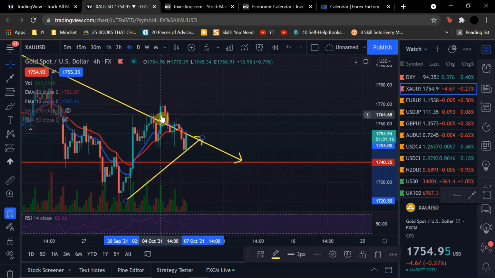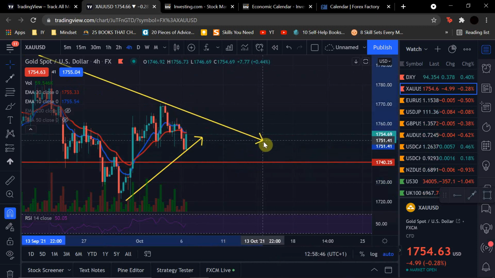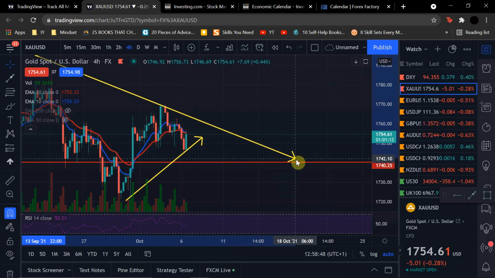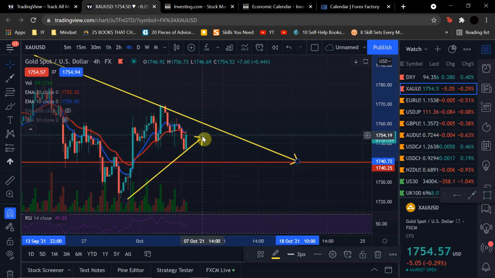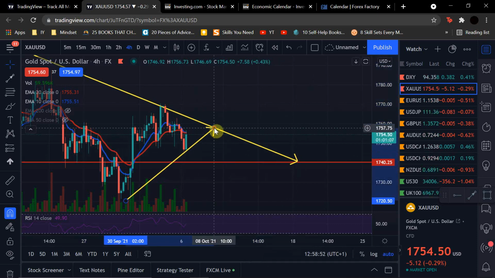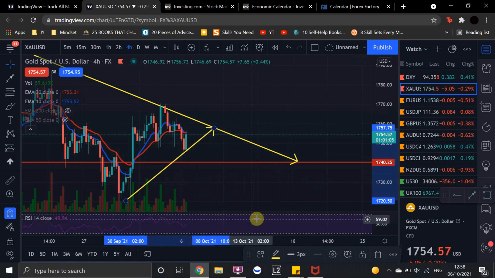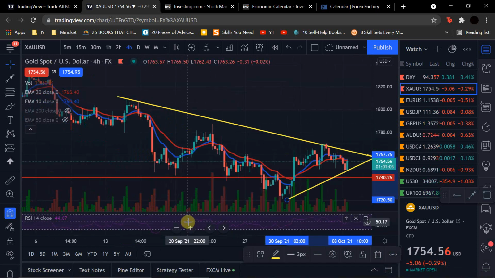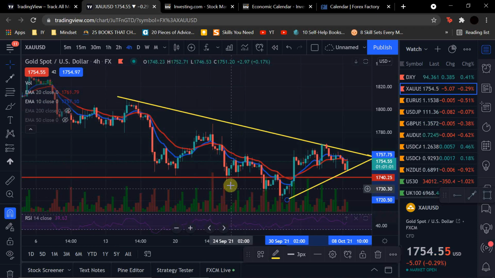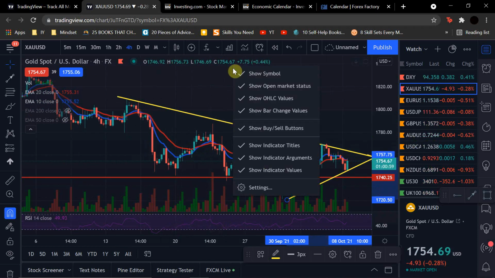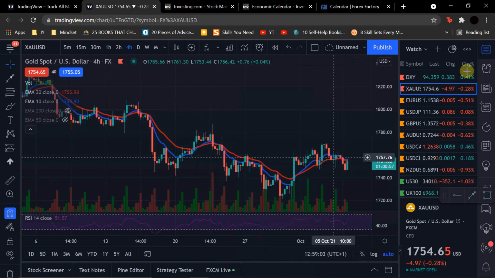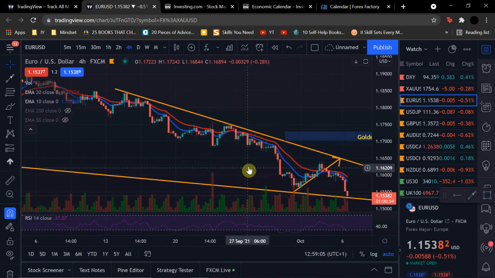How can I ignore this bit? This doesn't make sense. Let's go. Boom. Boom. One, two, nah. I'm gonna leave this chart. No point with this. Let's not waste our time here.